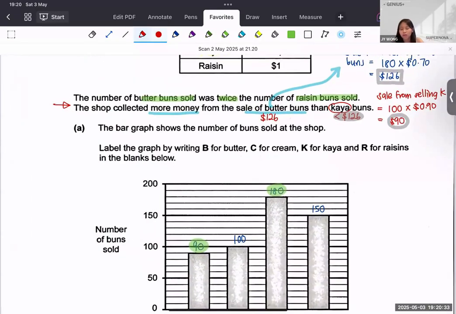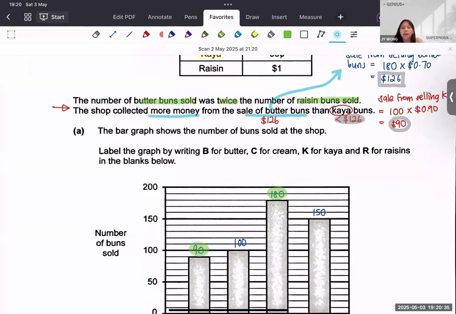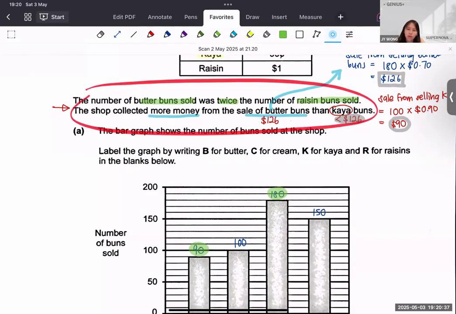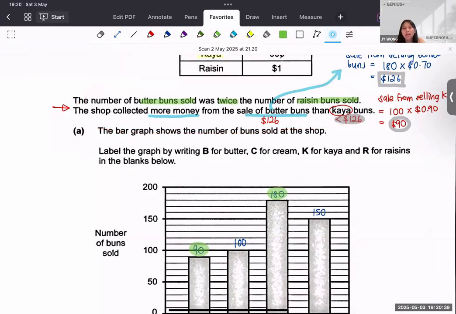They won't tell you all this information for fun. If it's for fun, they wouldn't have put it there. So of course, there must be some meaning to it. And most of the time, it's not direct. If it's direct, then it won't be a word problem. So make sure you look at the question closely. All the information given in the question is very important.